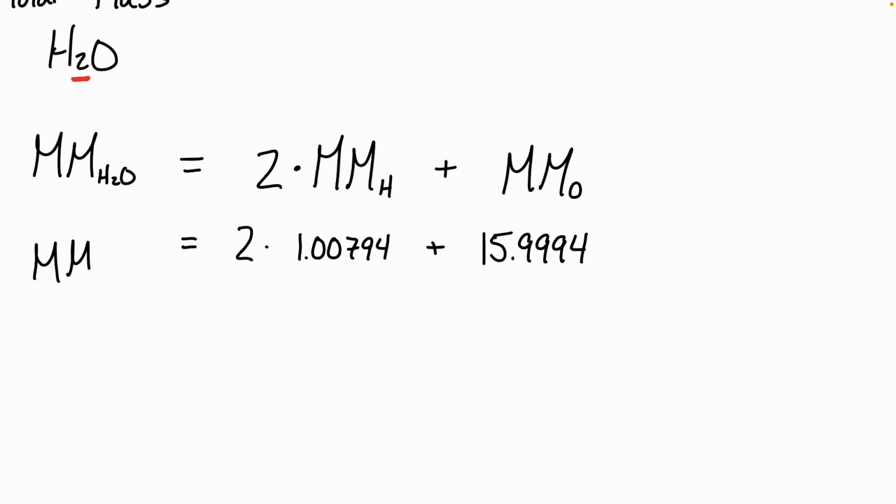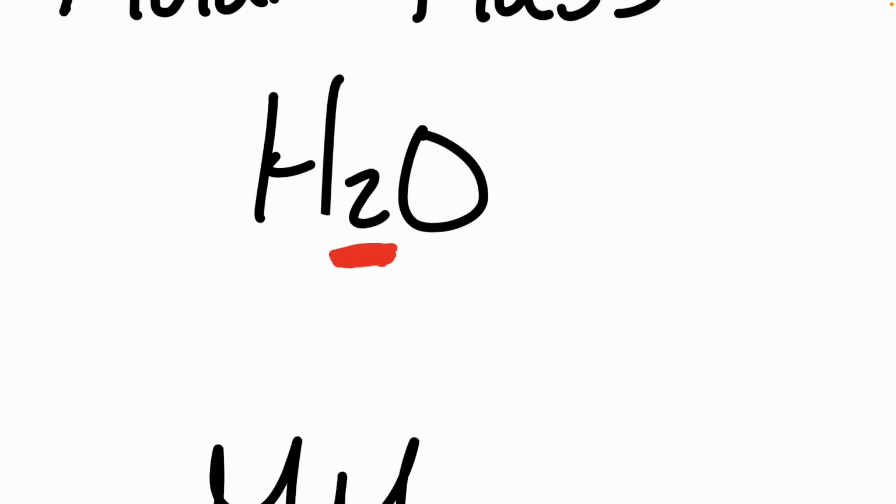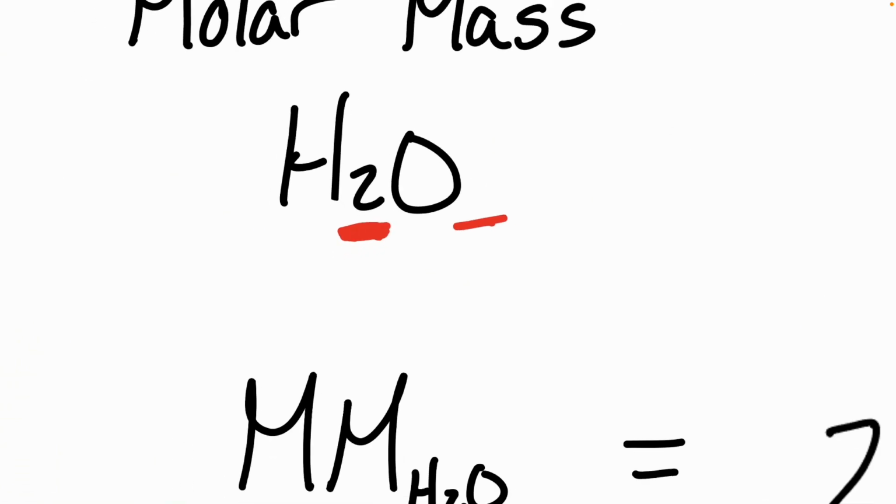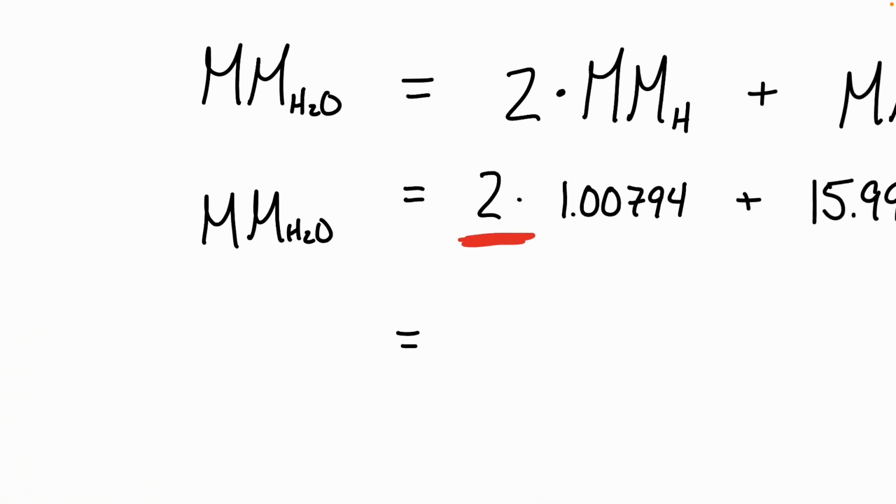Okay, so summing all that together will give us the molar mass of our compound. And to be clear, make sure everybody can see why I'm multiplying the molar mass of hydrogen by 2. Why am I multiplying the molar mass of hydrogen by 2, but not the molar mass of oxygen? Because if I look at my formula here for H2O, I have 2 hydrogens but only 1 oxygen, right? So make sure that you account for the number of that particular element that you have.